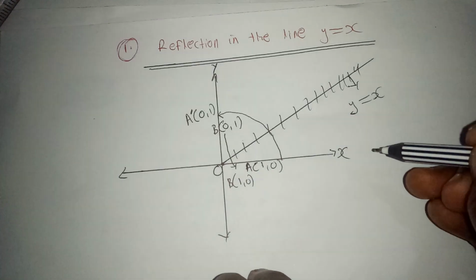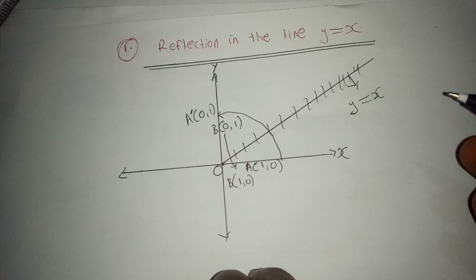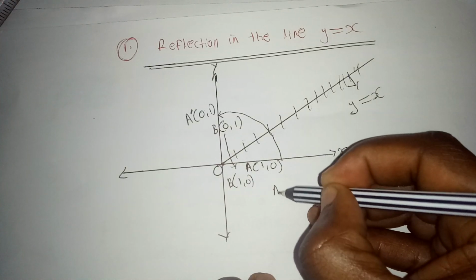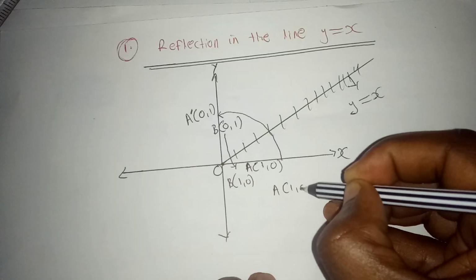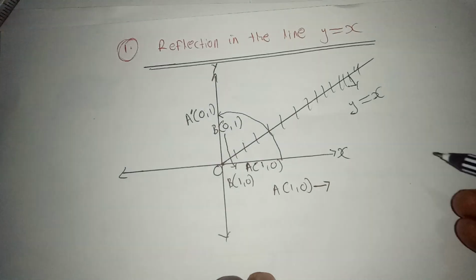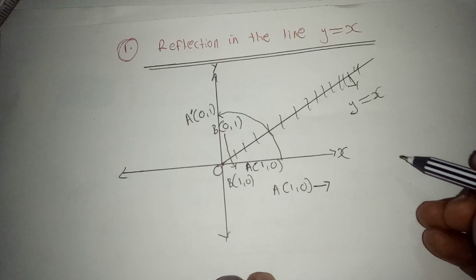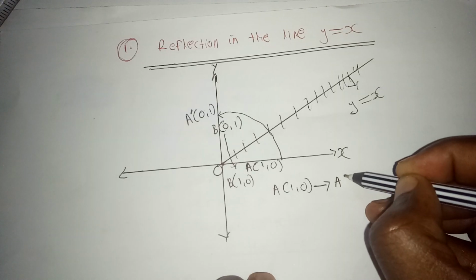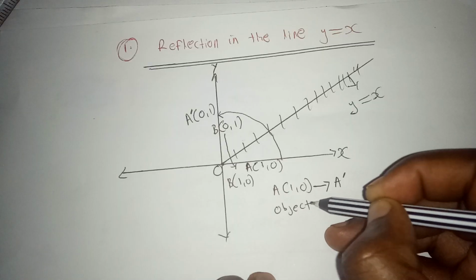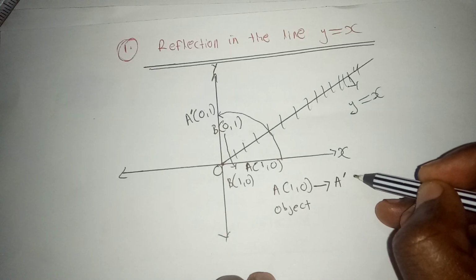This is very important because it will help us to come up with a matrix. If you have A (1, 0) and it is reflected, this arrow means it is mapped to a new place, and that new place is called the image. This is the object A, and we want to find the image of A.